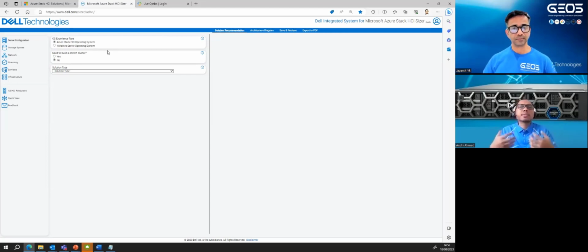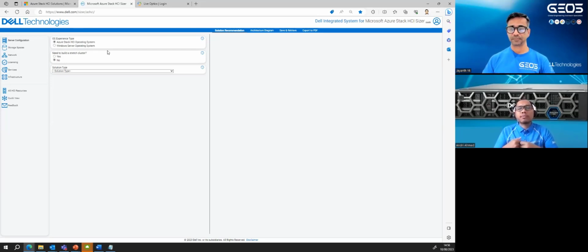Remember, there's a difference between building hyperconverged using Azure Stack HCI OS and Windows Server OS. We recommend that you always try the Azure Stack HCI OS because it has some benefits.